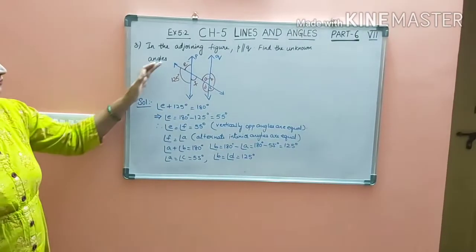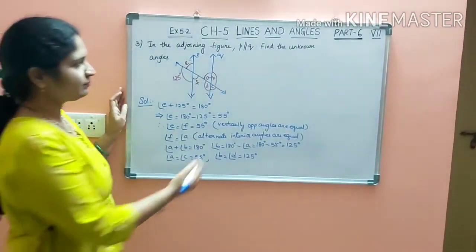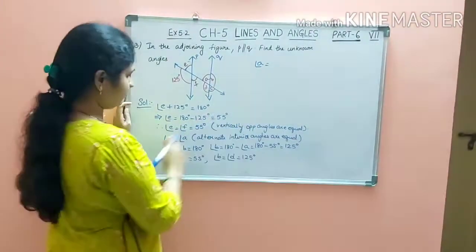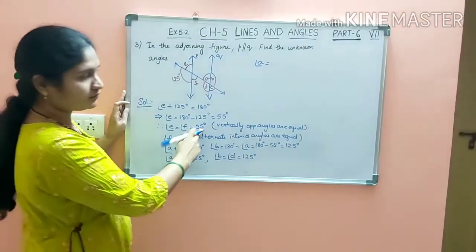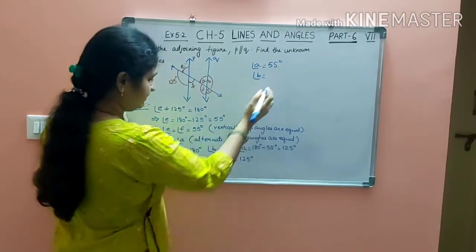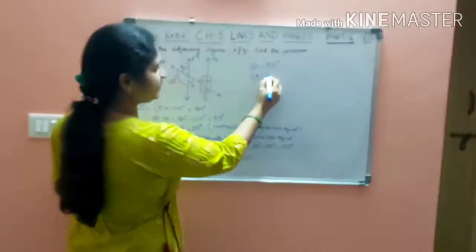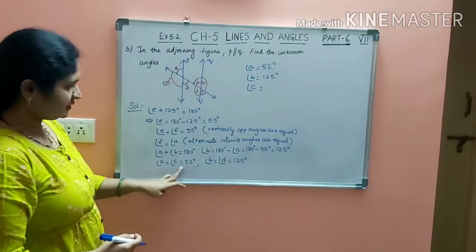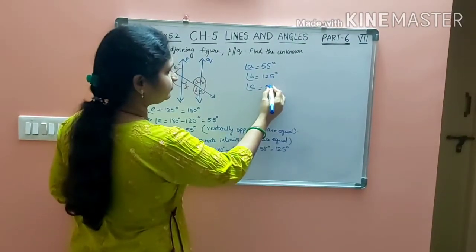So what are the unknown angles here? Angle A is equal to how much, children? Angle A is equal to angle F, which is equal to 55 degrees. Angle B is equal to 125 degrees. Angle C is equal to 55 degrees.